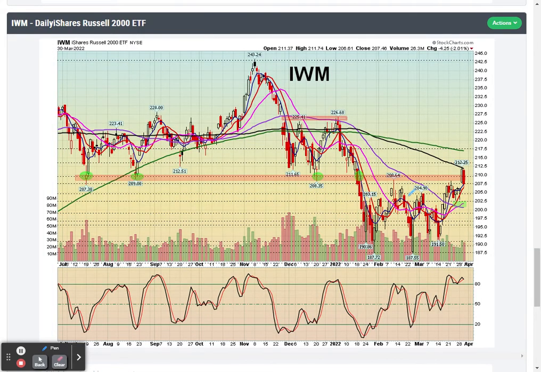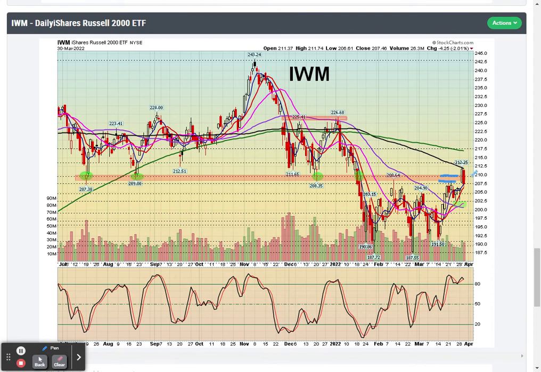Now for the Russell 2000, this one had a big sell-off after testing the 100-day moving average. That was yesterday and then today, and now it is down below this trading range, which has been a good trading range for the last year or so, multiple times, and it just couldn't stay above it.